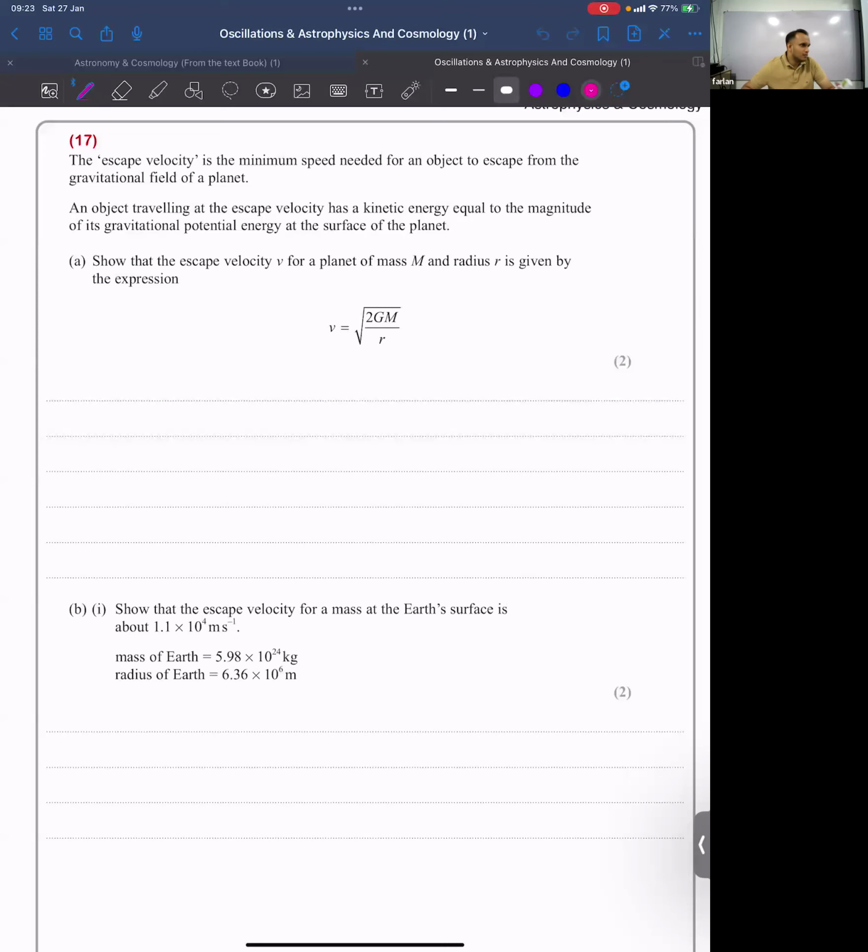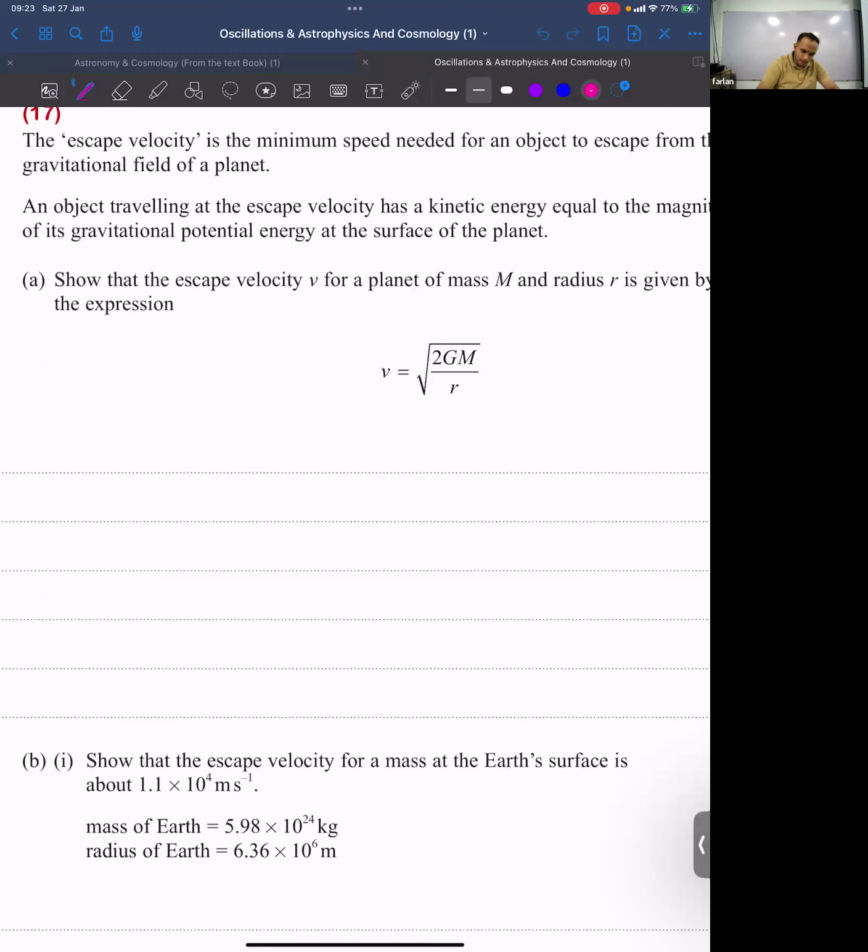So for the earth, based on its radius and mass, we can find the escape velocity. And if you can throw an object at that speed, it will not come back to the earth again. So this question is about that. Show that the escape velocity v for a planet of mass M and radius r is given by this expression. So now let's say the mass of the planet is M, and you are throwing an object of mass simple m from the surface, and you want to throw it forever.